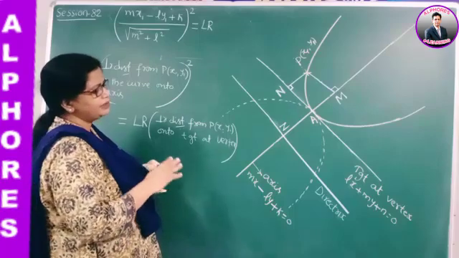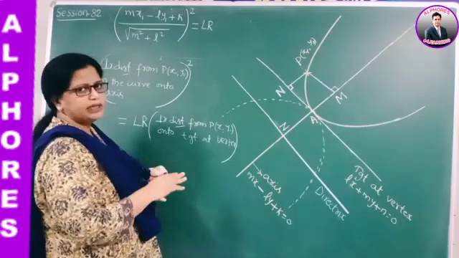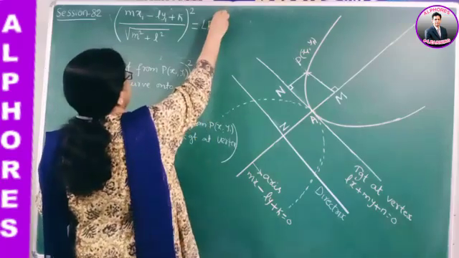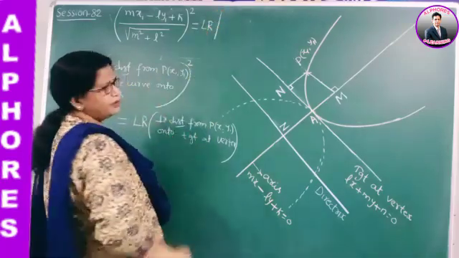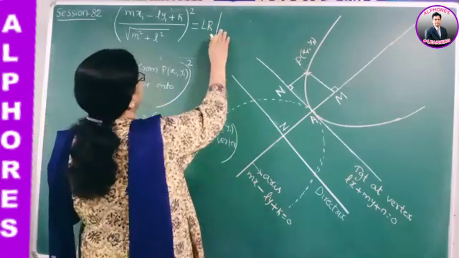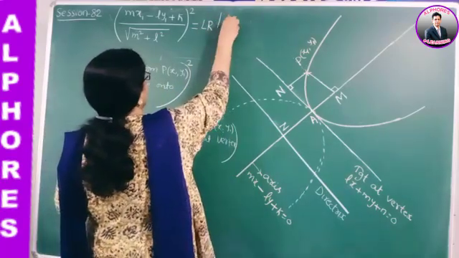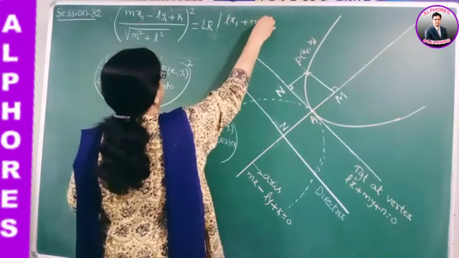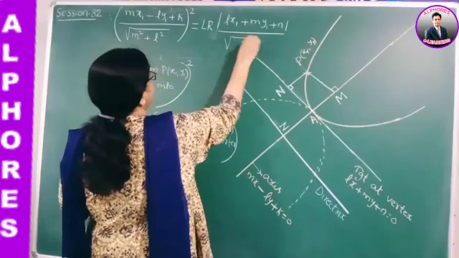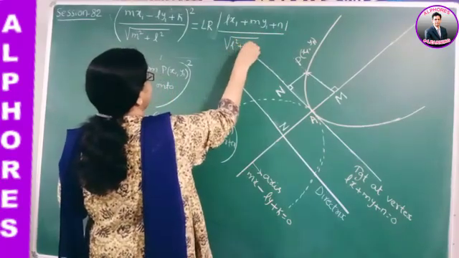Anyway you take, the thing is that the two lines are mutually perpendicular. That's it. Therefore, latus rectum into the perpendicular distance we are talking, therefore the mod symbol. We have to write here mod of Lx1 plus my1 plus n divided by root of L square plus m square, right?